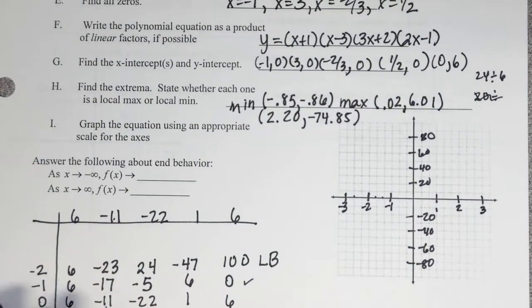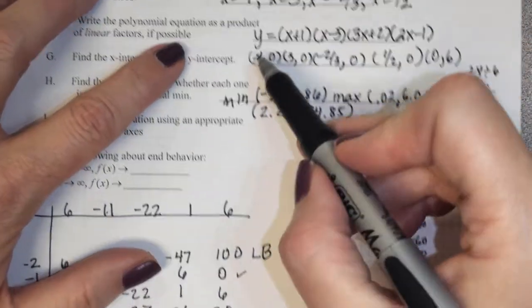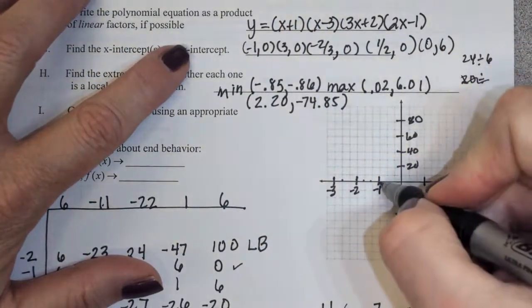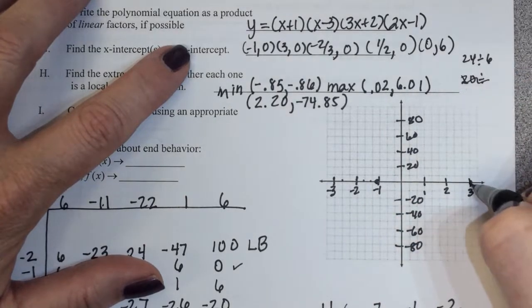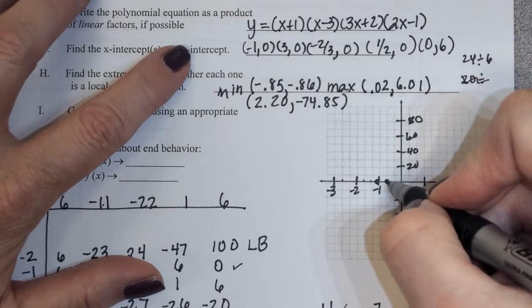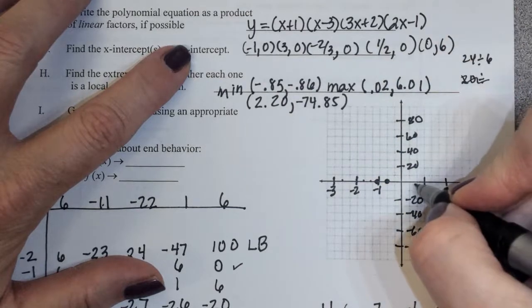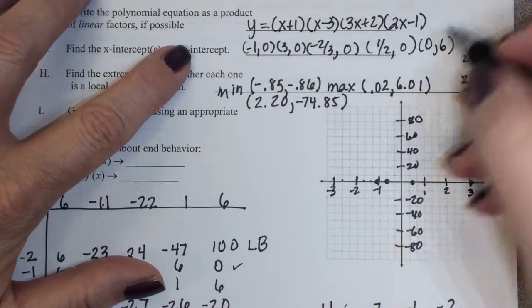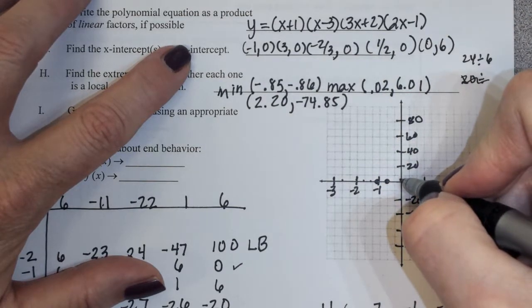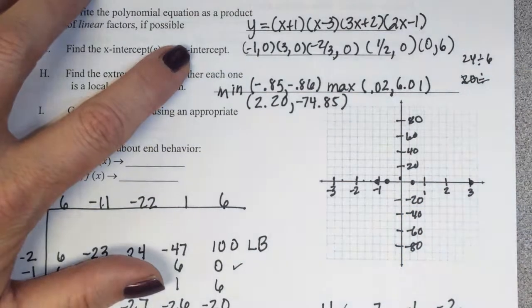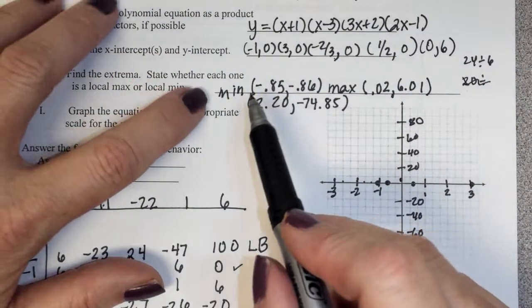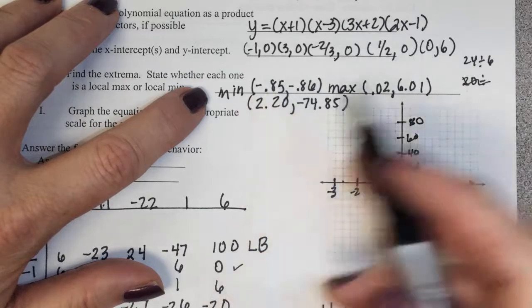to graph it nicely. So negative 1, going to plot that point. 3, plot it. Negative 2/3 is there. 1/2 is here. 0.6 is right about in there. Hard to put that one. I'm going to go ahead and put in my maxes and min, my extrema.